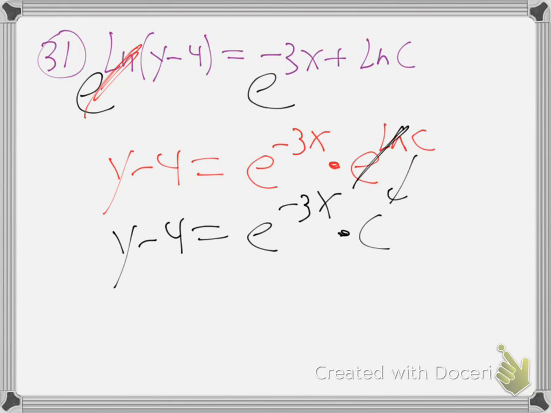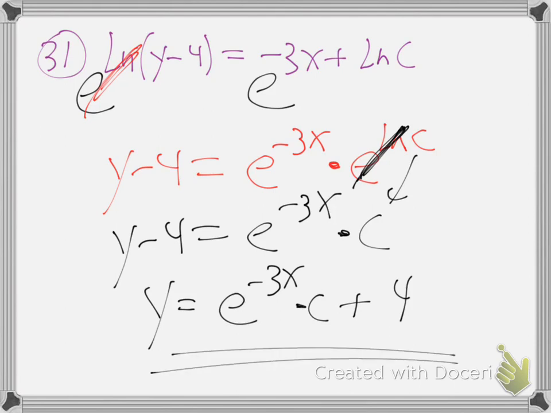The base has been canceled out. So it just drops down to regular level. Just add the 4. So E to the minus 3x times C plus 4. And we're done. There it is. Is that okay? You good with that?